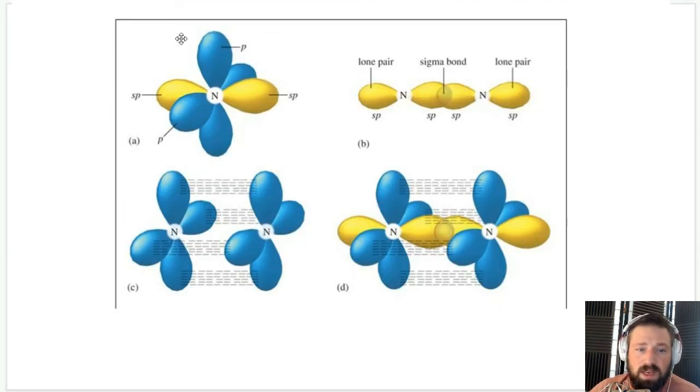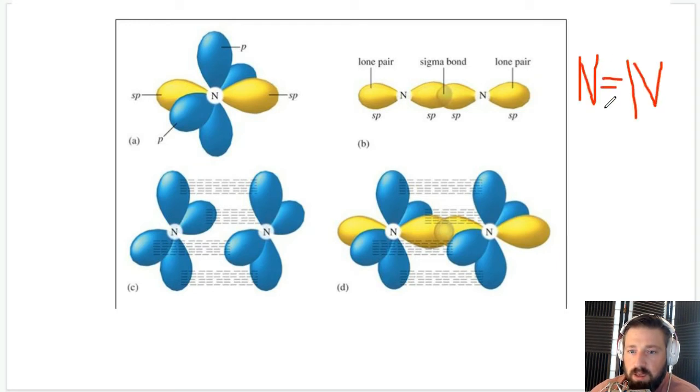So if we look at something like nitrogen, and if we draw the Lewis structure of nitrogen gas, we see that it has a triple bond and a lone pair. So this would be two electron groups, which would mean sp, an sp orbital.